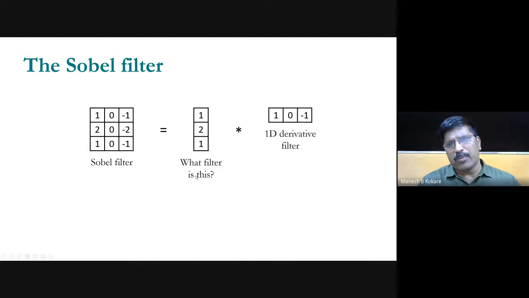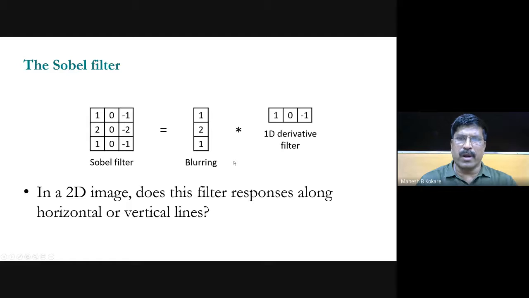This can be obtained by taking the multiplication of this row vector and this column vector. This is also a 1D filter; one is nothing but blurring, and the other is nothing but the derivative. In a 2D image, does this filter respond along horizontal or vertical lines?